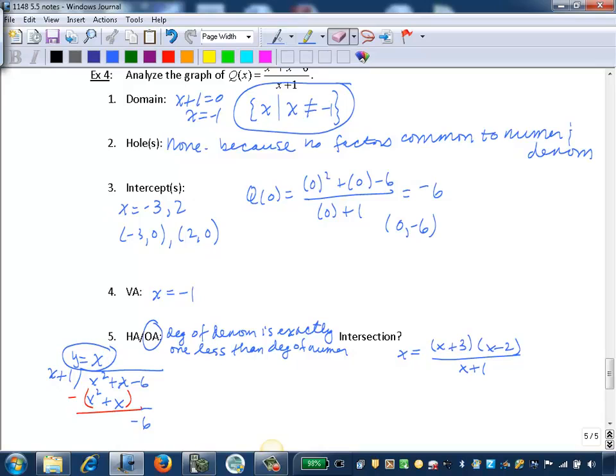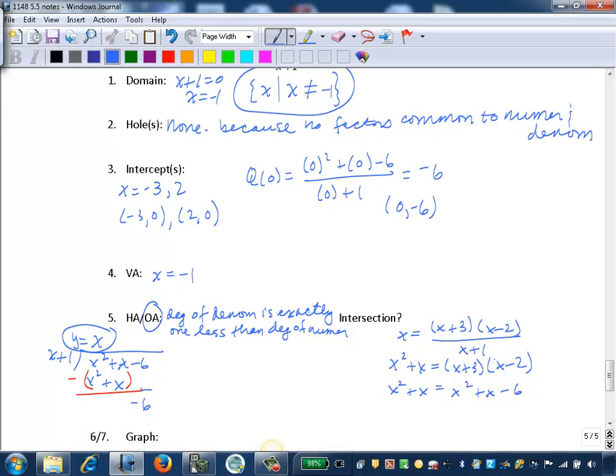We could multiply by the least common denominator or cross-multiply. Either way, we'll get to the same place. So we'll have x times x plus 1, so x squared plus x, equals x plus 3 times x minus 2. If we multiply out on the right side, we'll get x squared plus x minus 6.